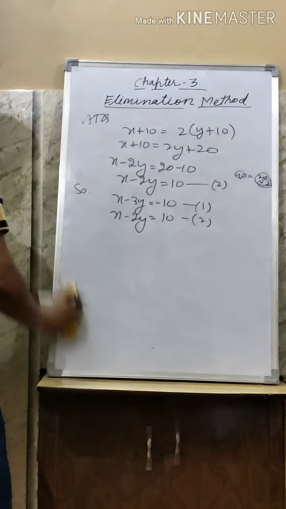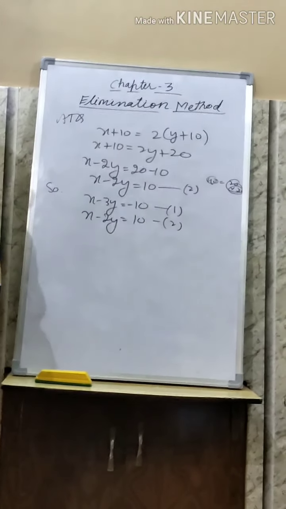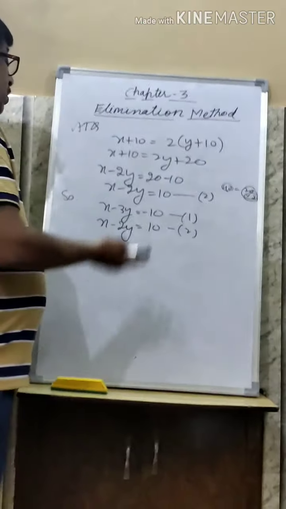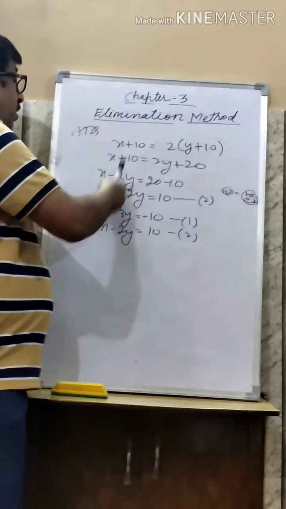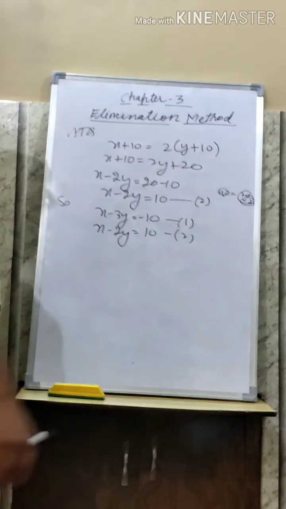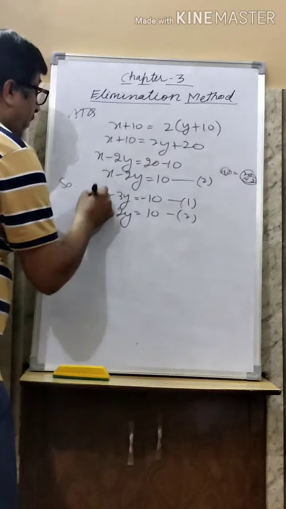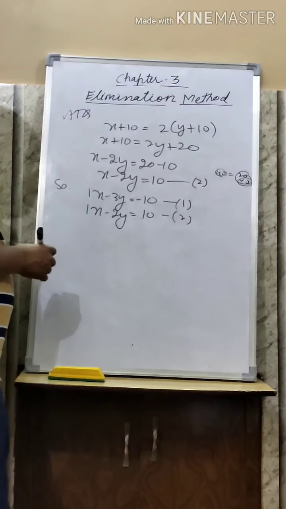elimination method, because it is told when you solve word problems, elimination method is a very easy method. Because if you take substitution method, you take the value of x, then you put it here, then the y value will come. But here when you solve by elimination method, you see the coefficients of x are already equal. Clear this?